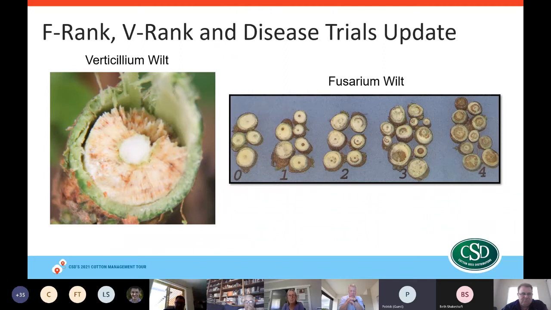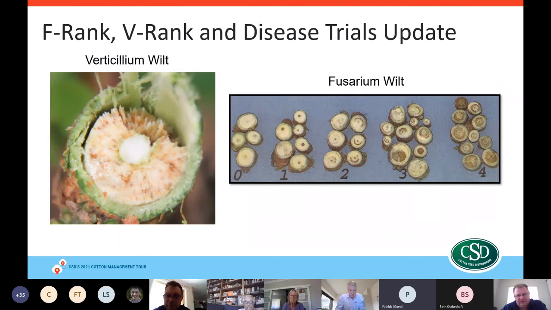Just on the actual variety V ranks and F ranks of the diseases, I've just got a couple of photos there that you've probably already seen, but certainly verticillium wilt, the common look of it is that speckling, mottling of the actual stem once you cut it, while the fusarium wilt is that red sort of ring that you see splotched across the cortex.